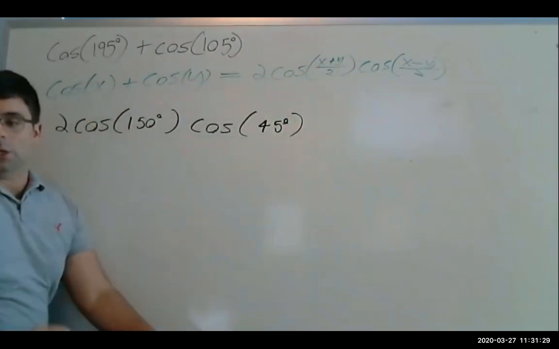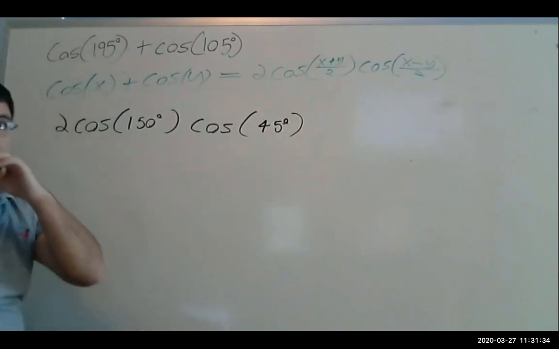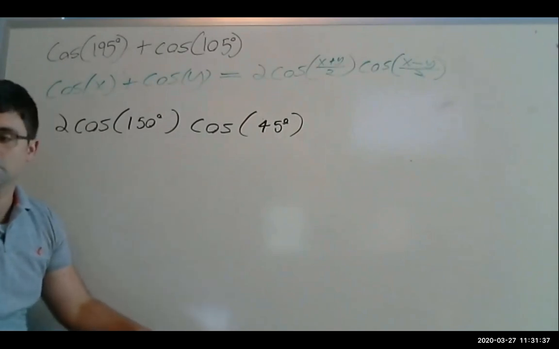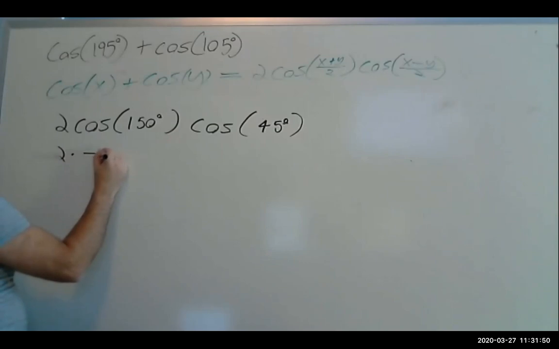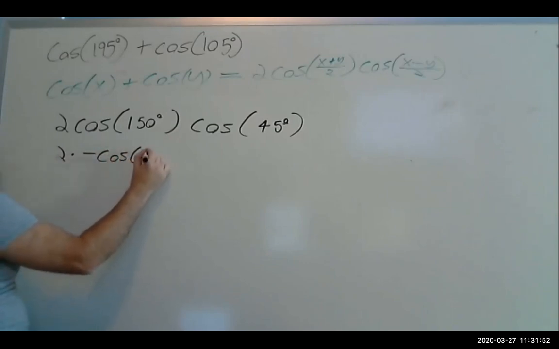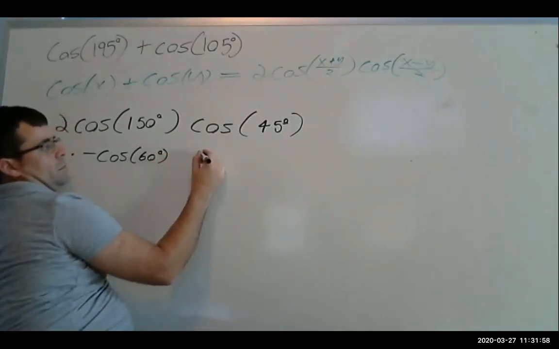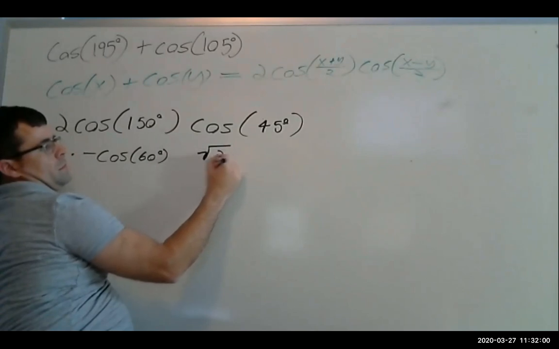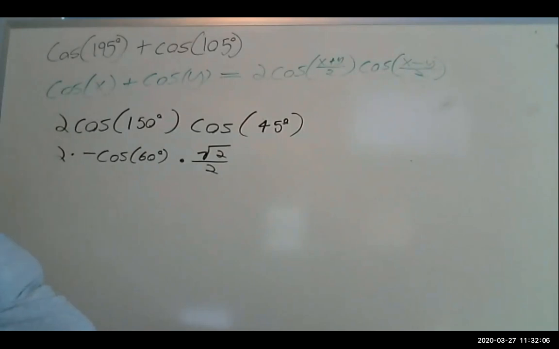And according to our unit circle, what are either of these things? I know the cosine of 45 is √2/2. What about cosine of 60?